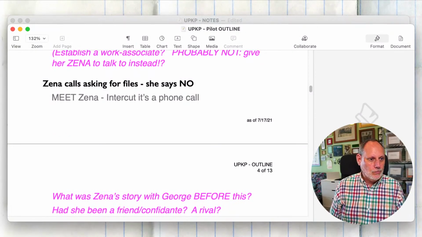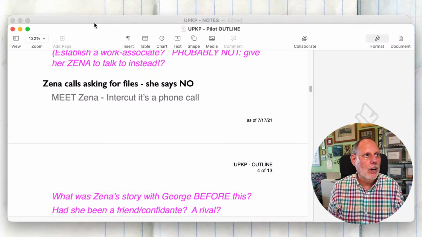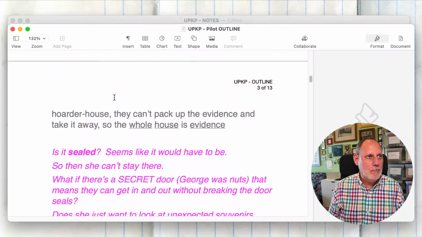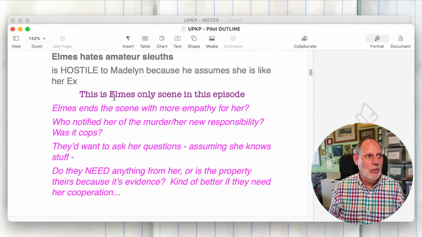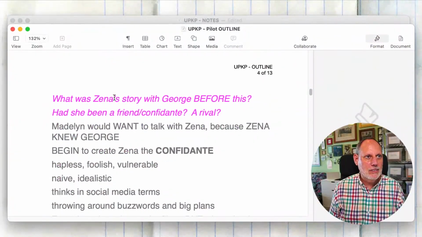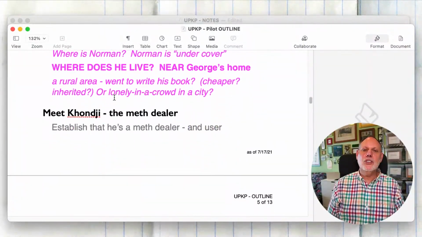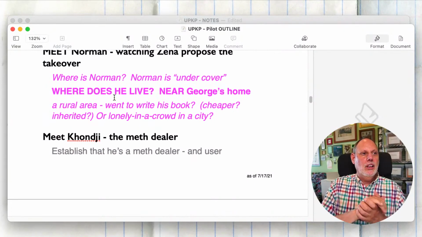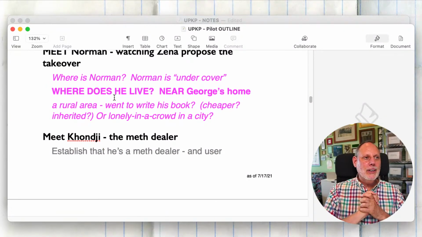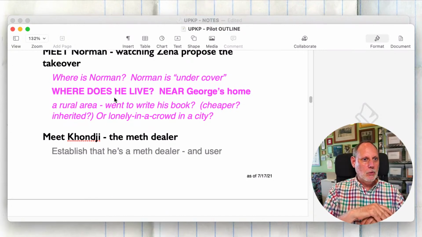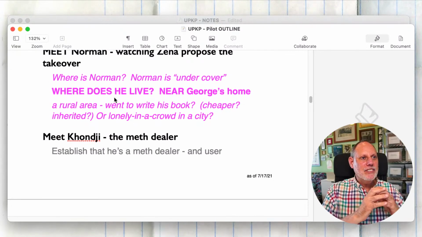So this is where we are. My next step is to go back, and you see all these pink things? I need to answer them. The first being, where is Norman? Because Norman is our lead, our co-lead with Madeline, and I have not given this enough thought.